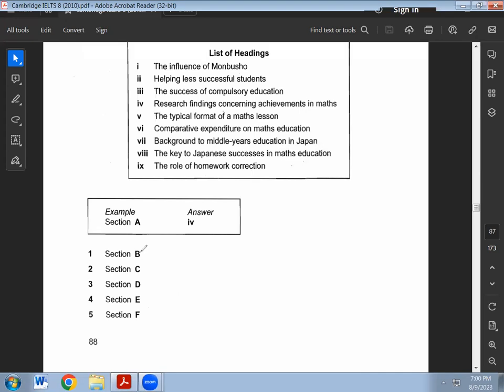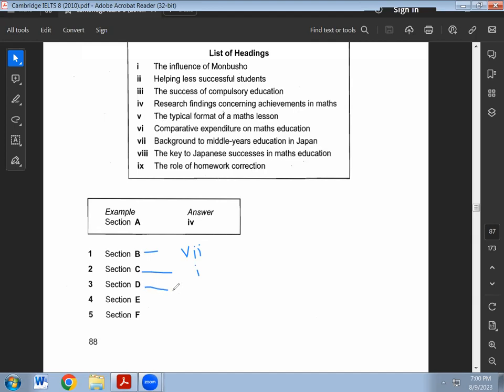I said I hope you might have noted it down with you. So section B, we had selected VII. Okay, then section C, we had selected the first one, influence of Mombusho.